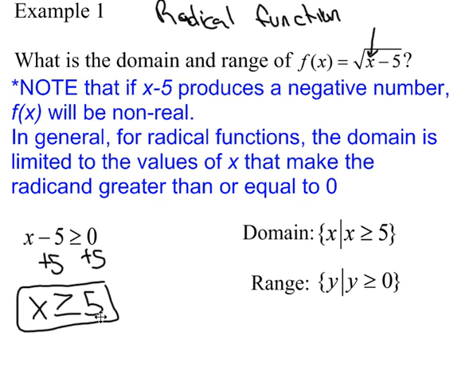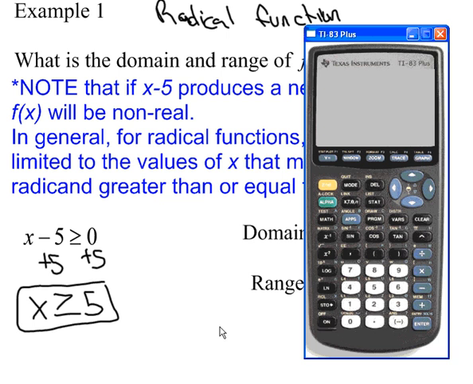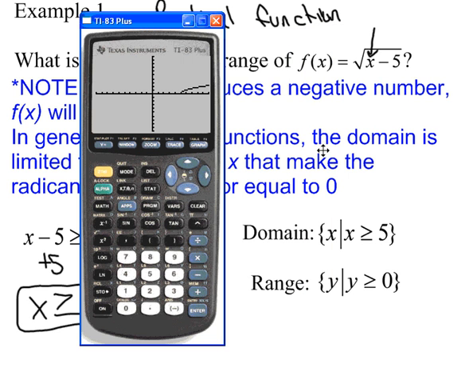So you get the range by substituting the smallest possible value of x. Because remember, the range depends on the domain. So that's why we have to substitute the domain in there. If you want to see a visual of this function, here's a visual. Notice that it agrees with the domain.